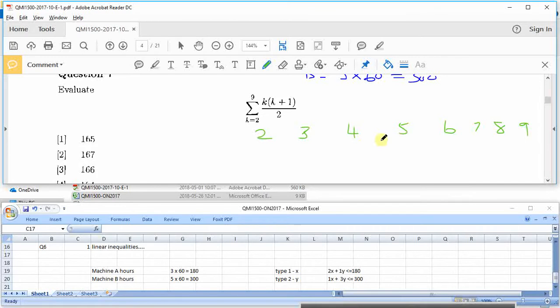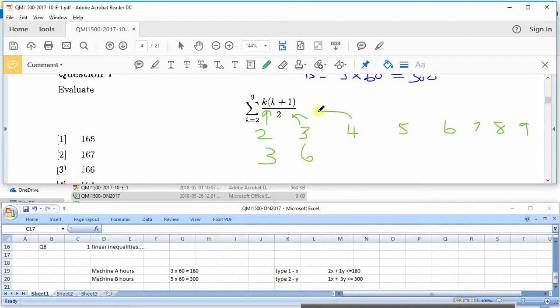What is 2? Brackets 2 plus 1, close brackets, divided by 2. That gives you 3. Now I put 3 in: 3 times 3 plus 1 divided by 2 is 6.